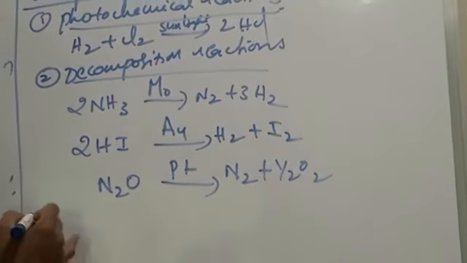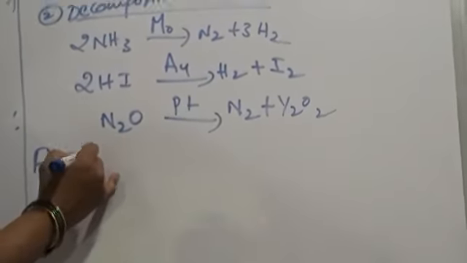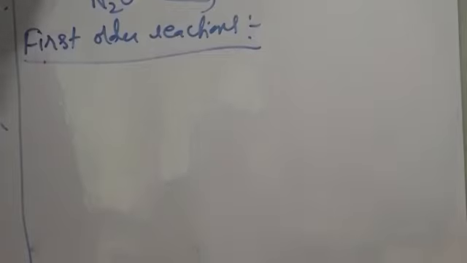Next, first order reactions. So, what are zero order reactions? Reactions in which the rate does not depend upon the concentration of reactants, initial and also final, overall concentration of the reactants.